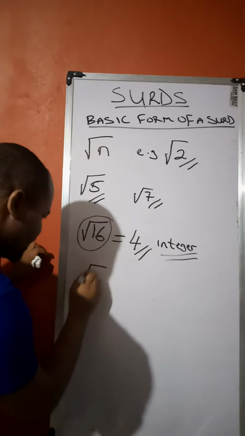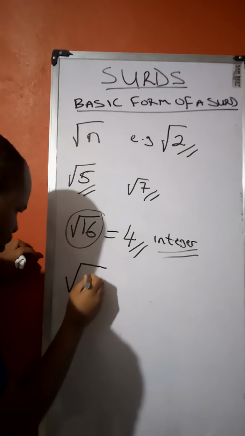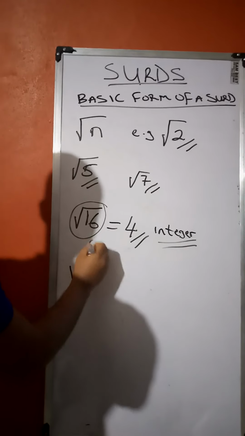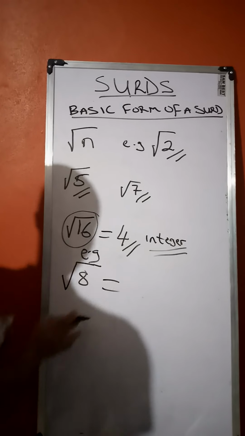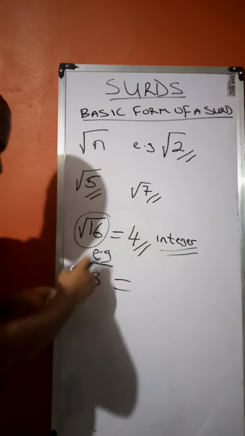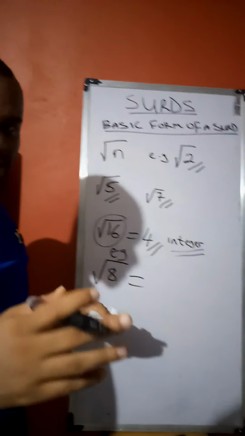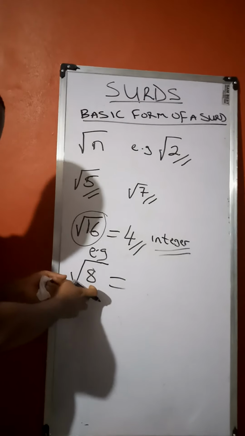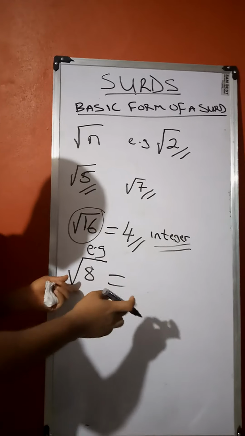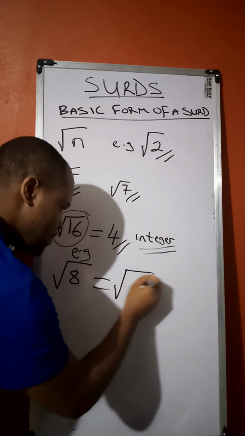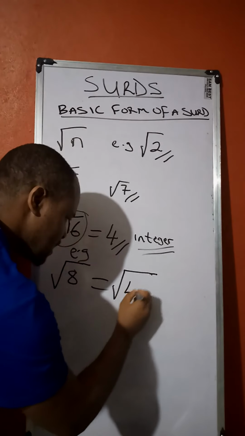If an example is given to us as root 8. Now this root 8, it is a surd, because if I take the square root of 8, I can't get an exact value. I'm going to get an approximation. But I can further reduce root 8 to what? Remember what we did in our last class.